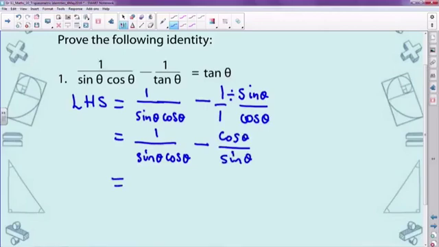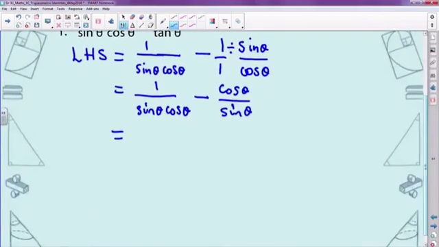Now, because we are working with fractions, you need to take out your LCD. Your LCD is sine theta cos theta.